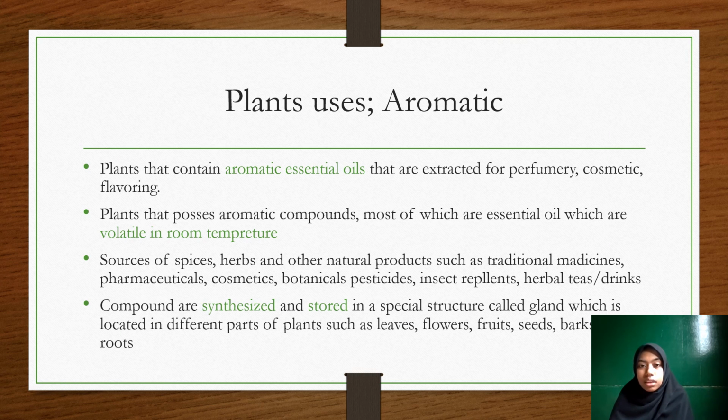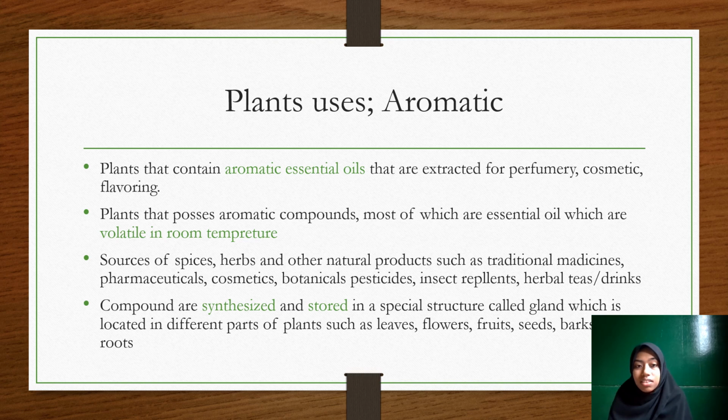The plant use, aromatic plant, contains aromatic essential oil that is extracted for perfumery, cosmetic and coloring. Plants that possess aromatic compounds, most of which are essential oils which are volatile at room temperature.